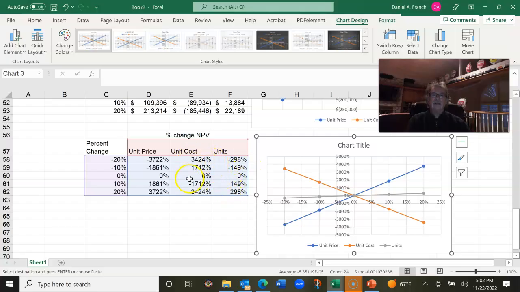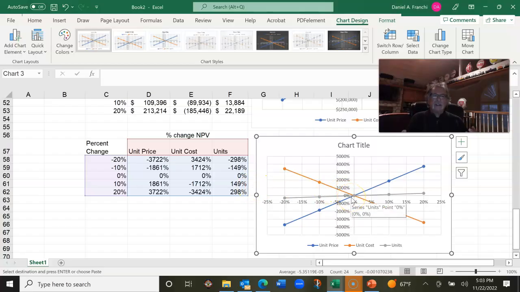Obviously, these percentages or the magnitudes of them are ridiculously high. But we could say a 10% drop in the number of units gives you a 150% drop in the present value. Or a 10% increase in the number of units gives you a 150% increase in the present value. So that's kind of the interpretation.